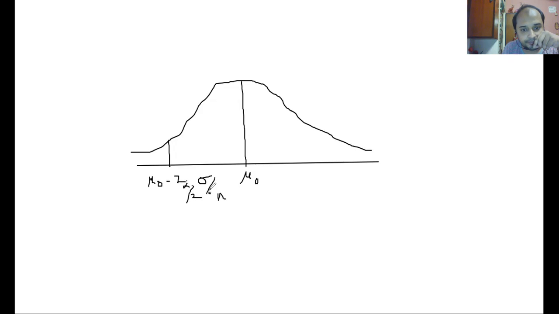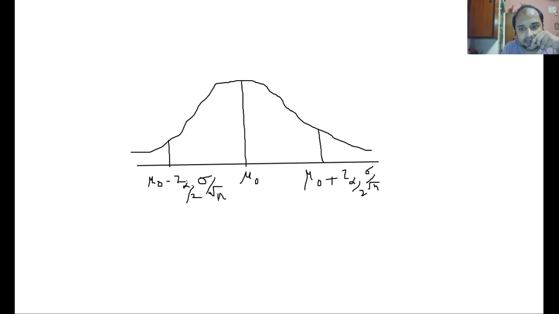Suppose this is that point, and at equal distance on the right-hand side, I'm writing mu0 plus z alpha by 2 sigma by root n. So these are the two parts. This is the left-hand side of mu0 and this is the right-hand side of mu0.